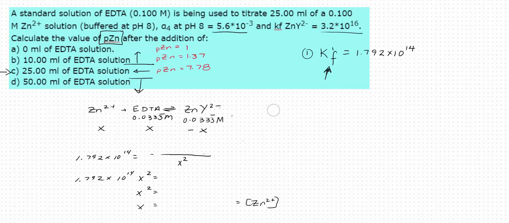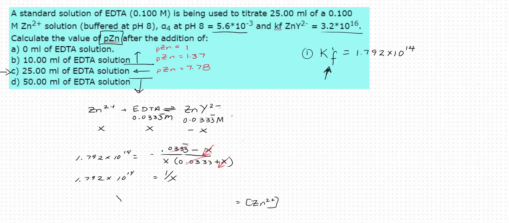But this time, when I shift my equilibrium, I have my 0.0333 here minus x. I don't have x squared under here. I have x times 0.0333 plus x. Now I can still simplify this equilibrium. This time I can also cancel these out. So I'm left with 1 over x equals this stuff.